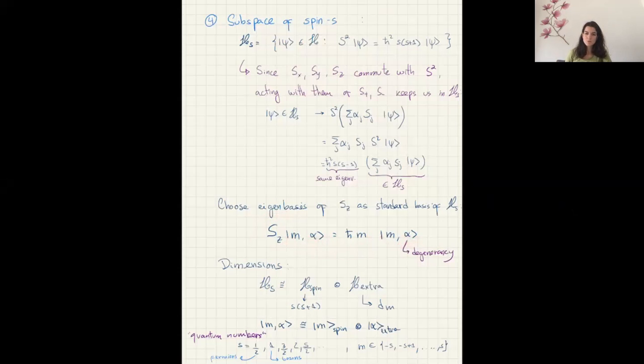Okay, and then we worked out some math. So we applied these ladder operators to work out that HS, in fact, can be decomposed as a tensor product of two spaces, one that only cares about the spin and one that has the extra stuff.